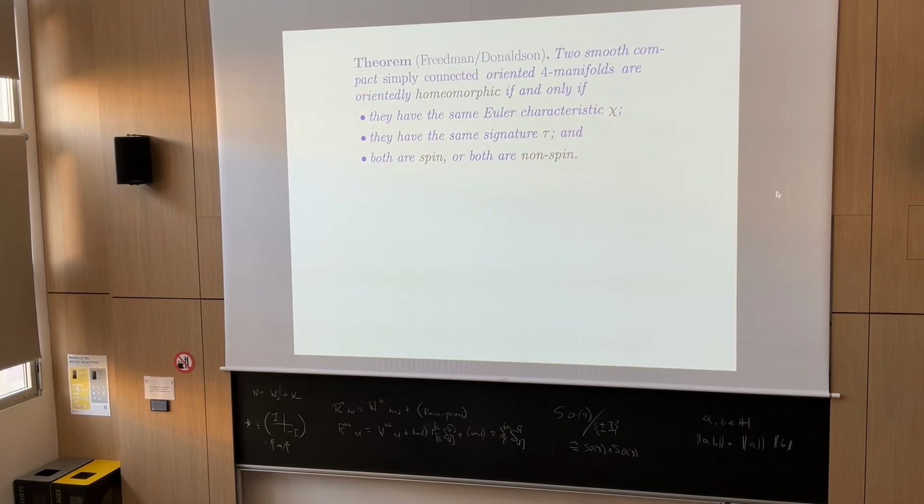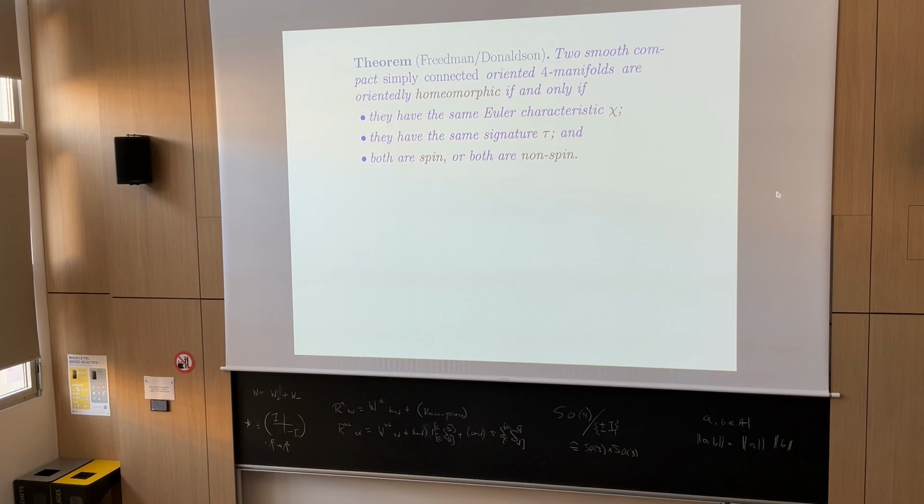It seems really weird, and Freedman and Quinn and so forth at first just didn't think it could be the right theorem. Here you get this very nice classification, but you have to assume that the manifolds admit smooth structures.